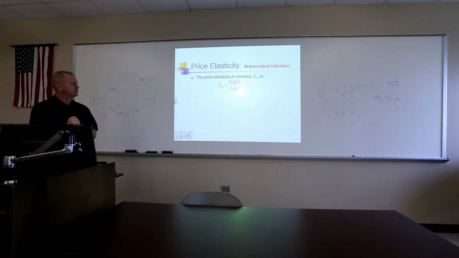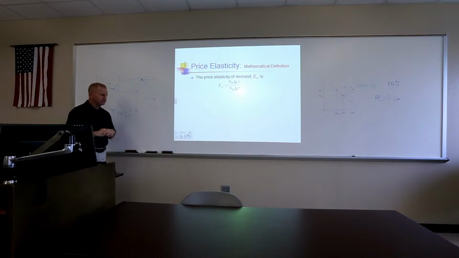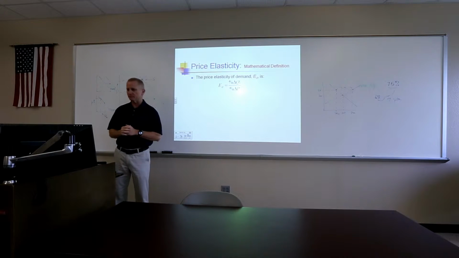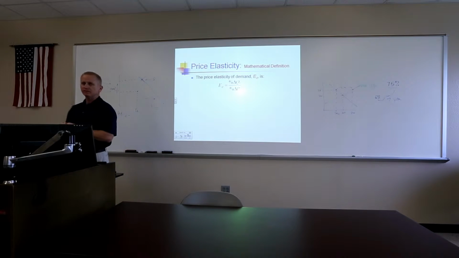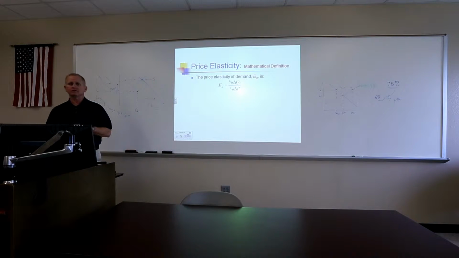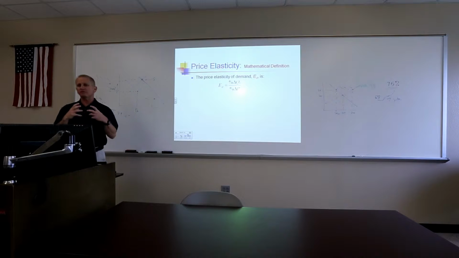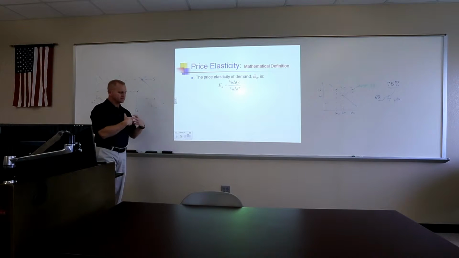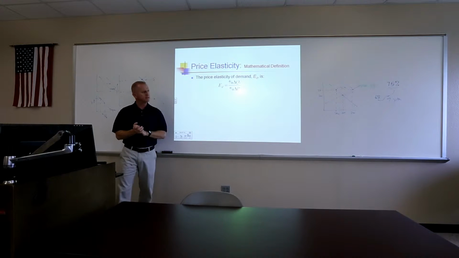The price elasticity of demand, we use a coefficient. The E is for elasticity, and the small case d, or sometimes a capital D, it depends on what book it comes out of, is for the word demand. So it's a coefficient. We use the phrase coefficient there as the resulting calculation.